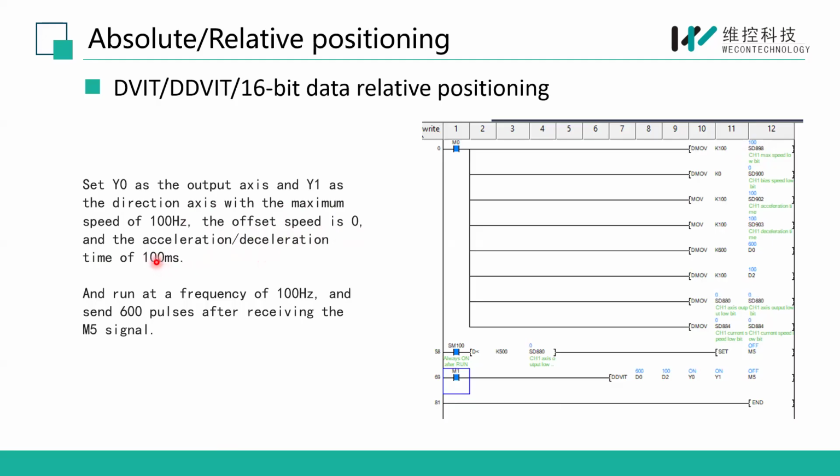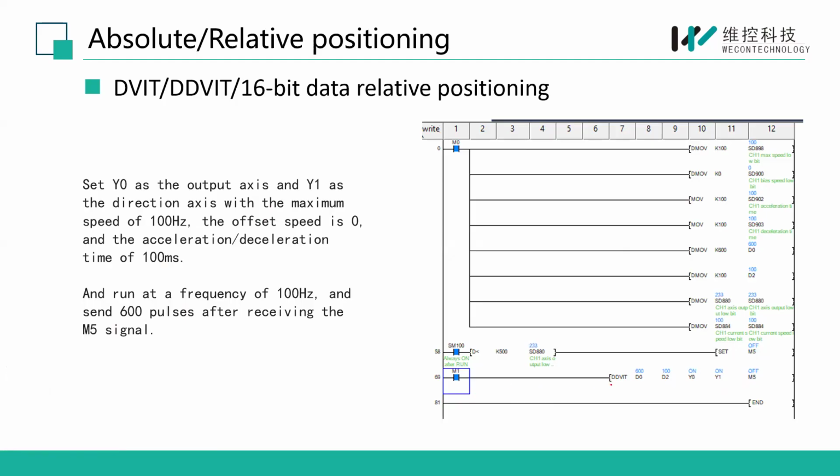This is the initial parameter we set here. Then it runs at a frequency of 100 hertz and sends 600 pulses after receiving the FM signal. The FM signal is the interruption signal. So let's see the demo.